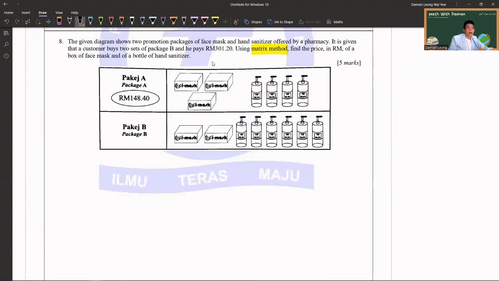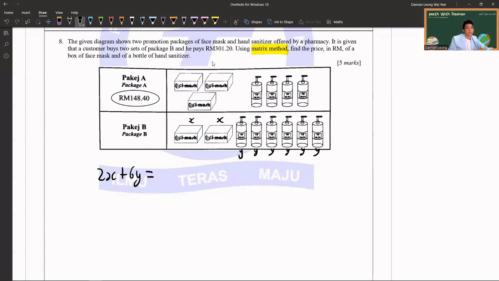Okay, but I have to form the equation first. It says customer buys 2 sets of package B and he pays 301 ringgit 20 cents. Let's say face mask I put as X, sanitizer I put as Y. So for package B, 2x plus 6y equals to 300.